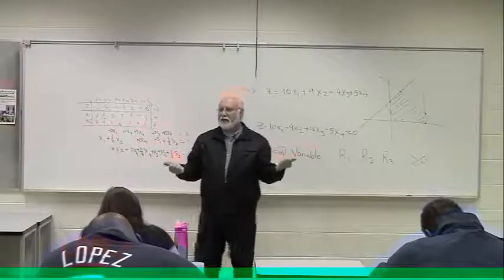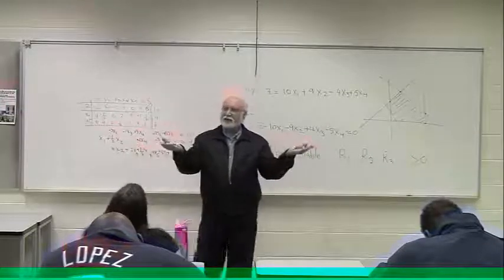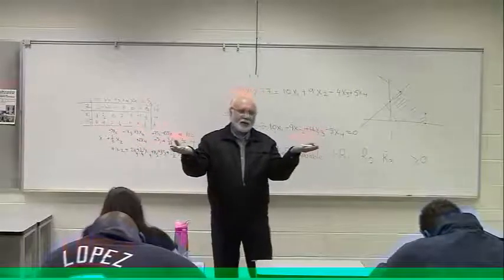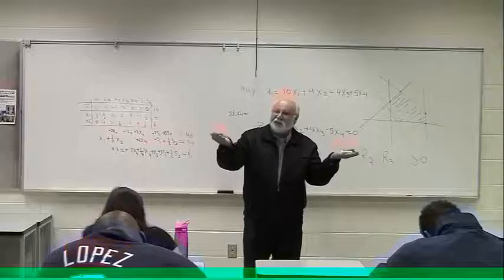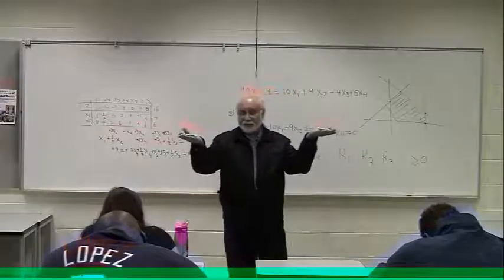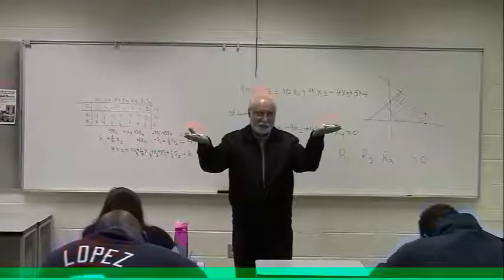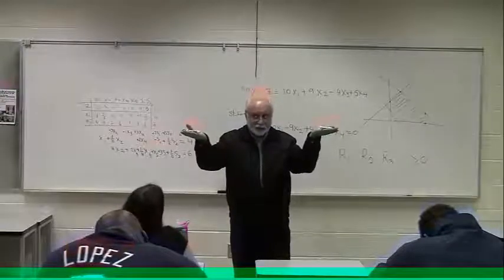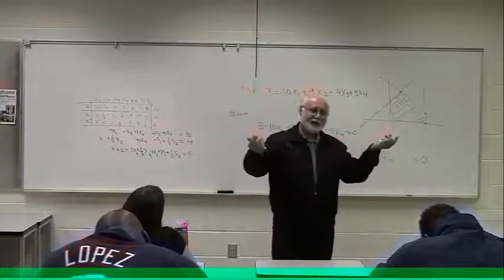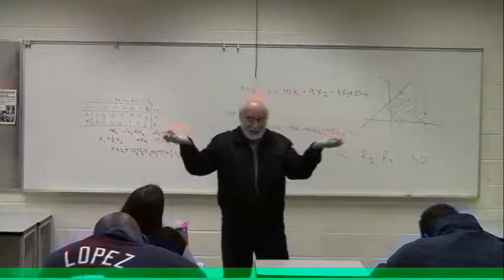I say, okay, I come back to common sense. I'm going to pretend like nothing happened. I add the artificial variable, I'm not going to change the sign. You say, you can't do that. I said, hold on.